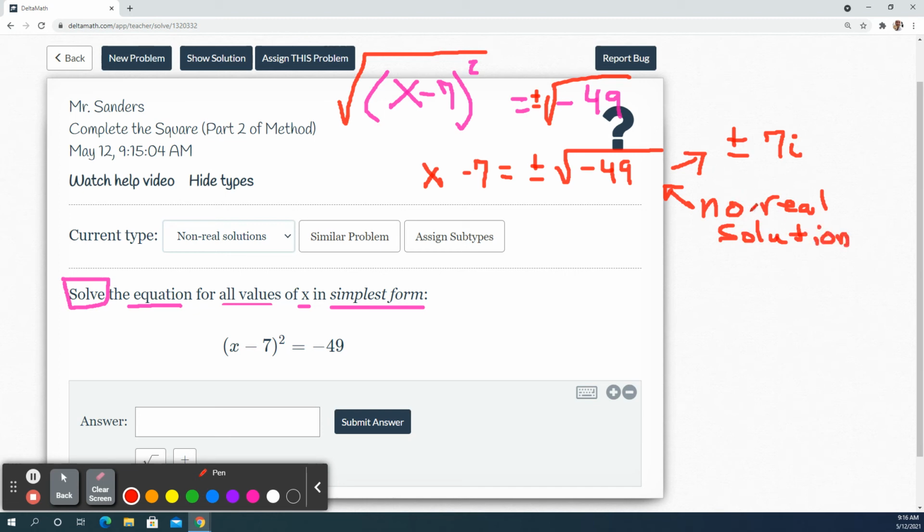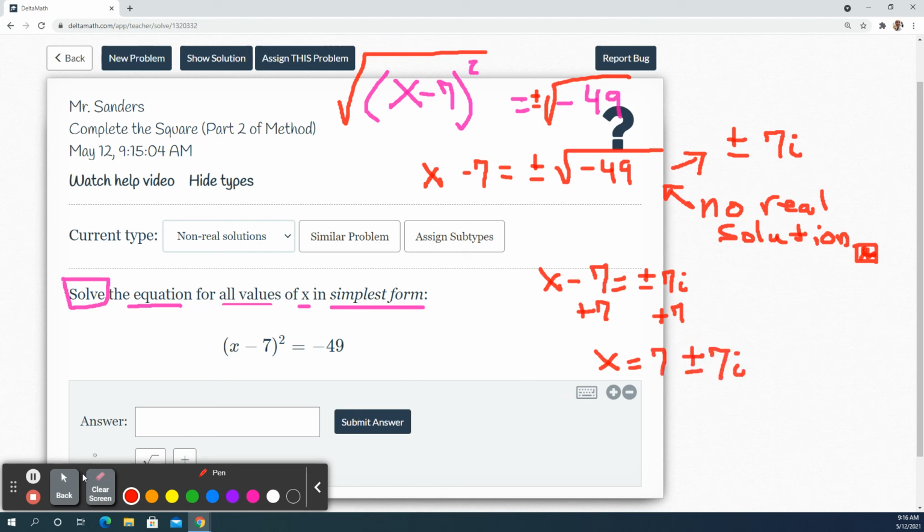It all depends on how advanced we are. If we're talking about imaginary numbers, then we would go ahead and deal with it that way. If we're not talking about imaginary numbers, we would stop there. But let me just go ahead and finish it. We'll see what kind of answer it is. Plus or minus 7i, and then add 7, x equals 7 plus or minus 7i.